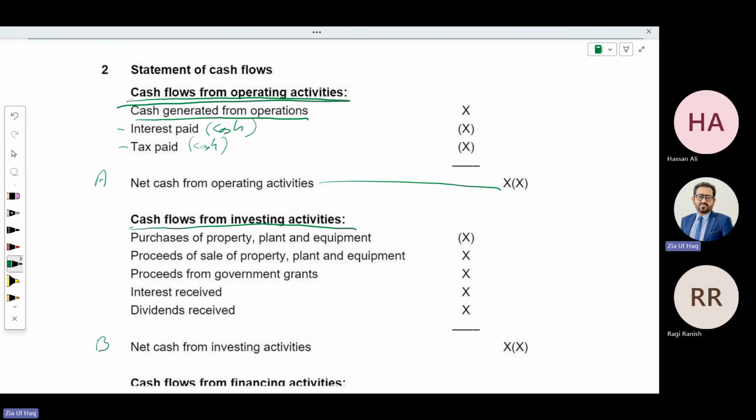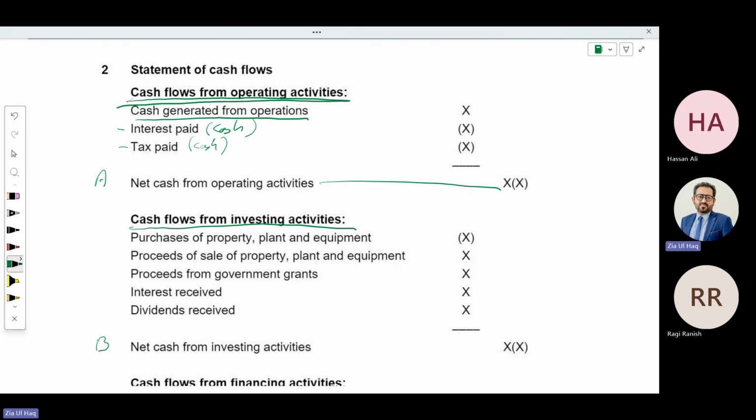Investment was an asset, so that will be positive. Dividend received: we invested in another company, so we're receiving dividend, that will be positive. If any investment is made during the year in any company, that will be recorded negative. In simple terms, relating to non-current assets, if we are receiving any money or paying any money, that will be recorded here.